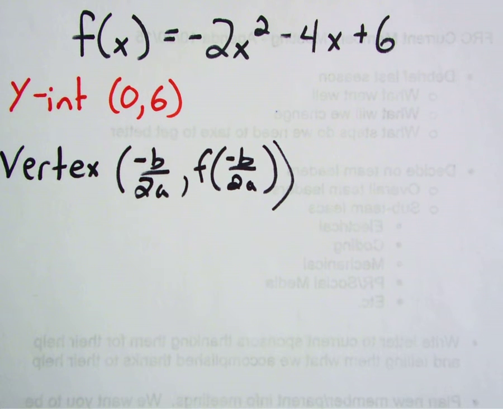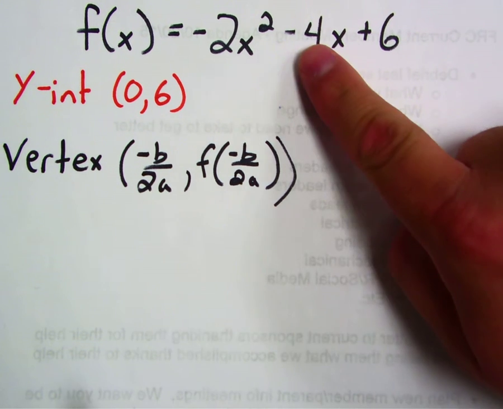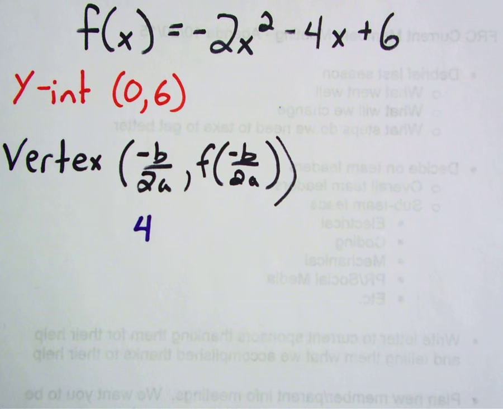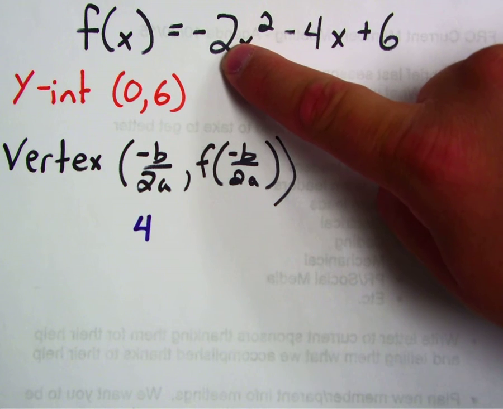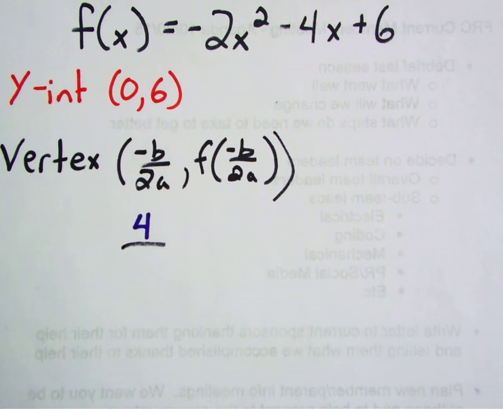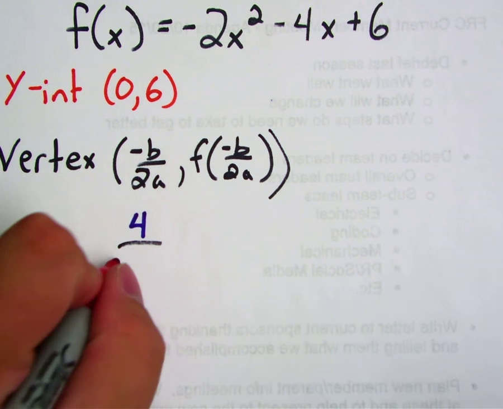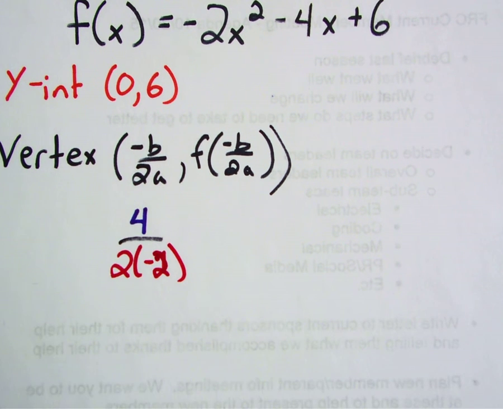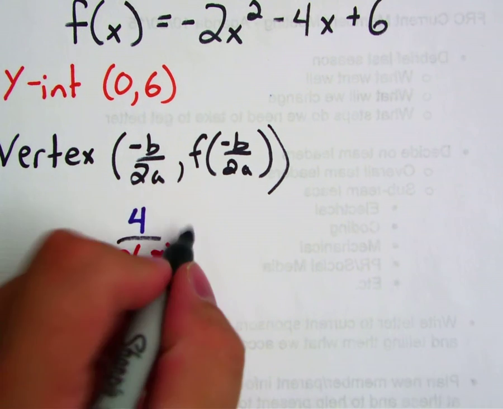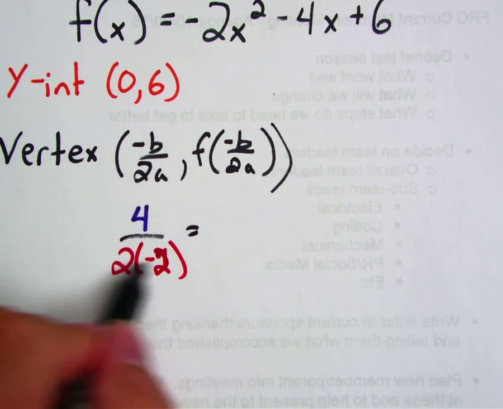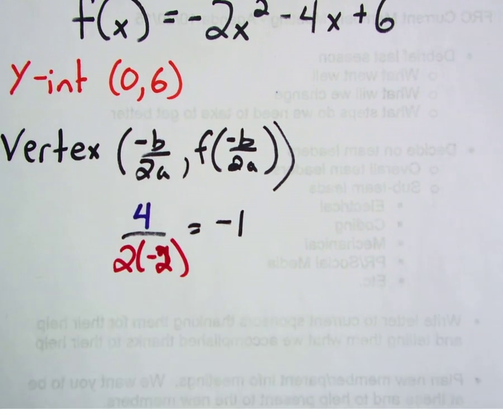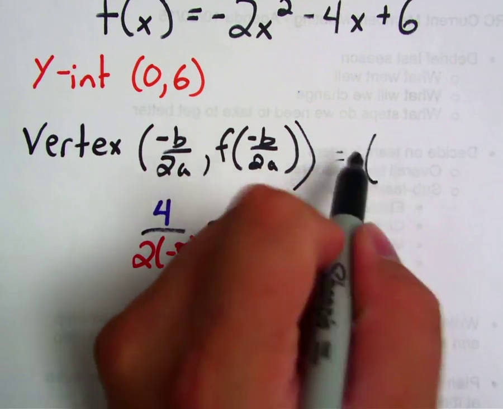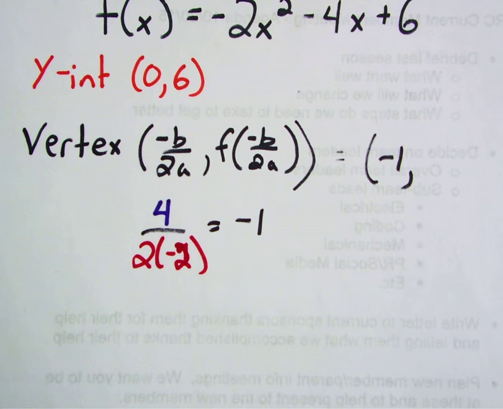On this one, negative b is actually going to be a positive 4, over 2a, which is going to be negative 4. And so we end up with the x-coordinate of our vertex being 4 divided by negative 4, which is just negative 1.